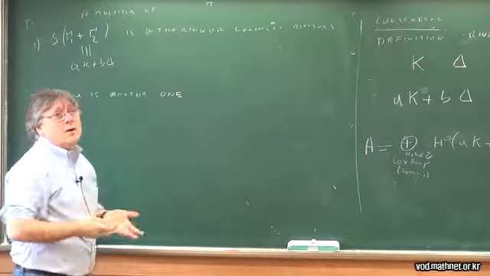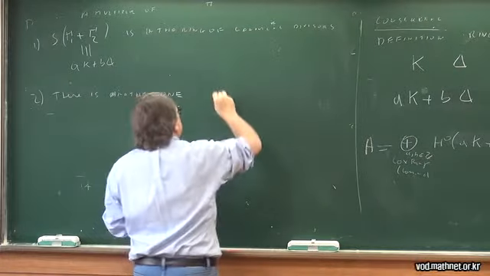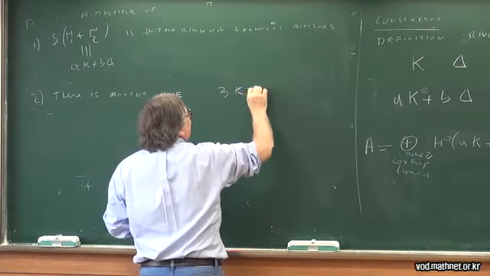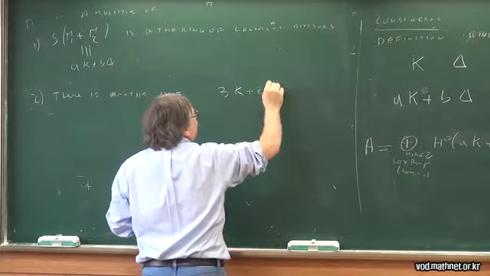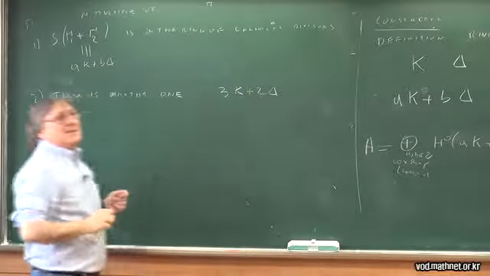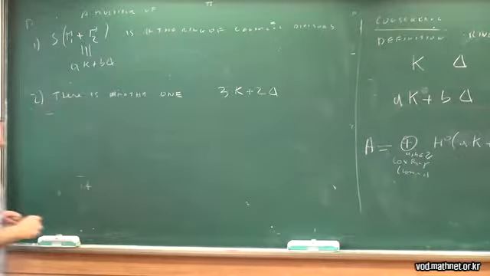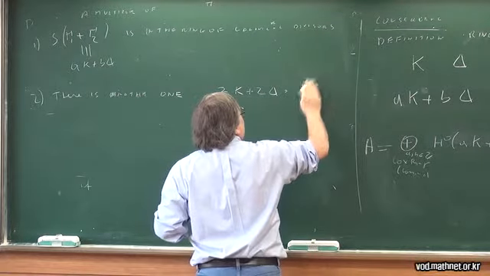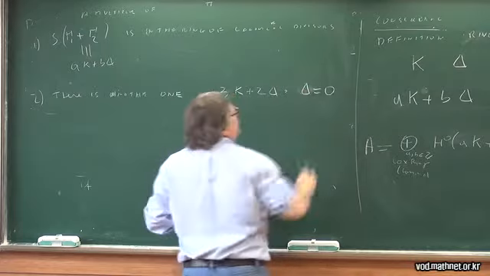This is the orthogonal to the diagonal. It should be also here. Please don't completely believe me, but it should be like this. I can do the computation, but this is the one that with the diagonal is 0.